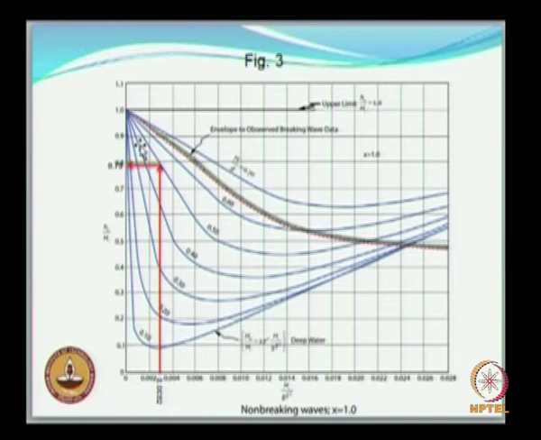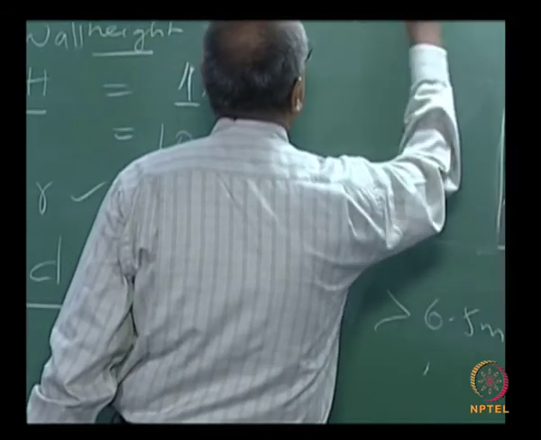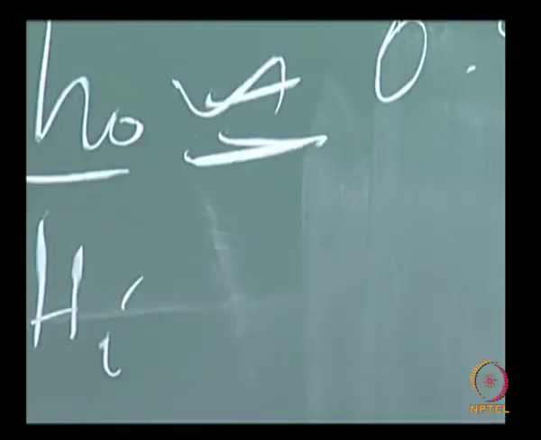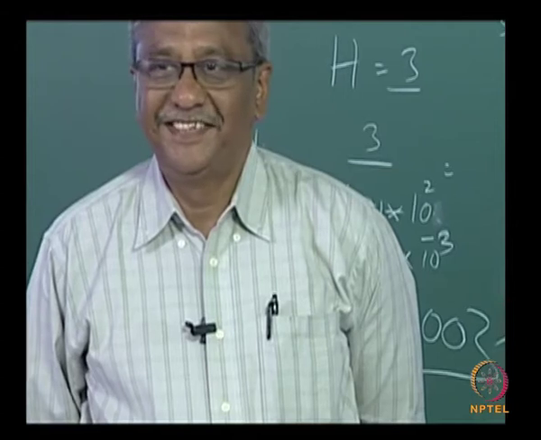So that is H naught by Hi, approximately 0.9. So H naught will be almost equal to H.